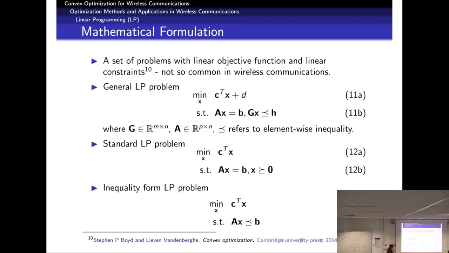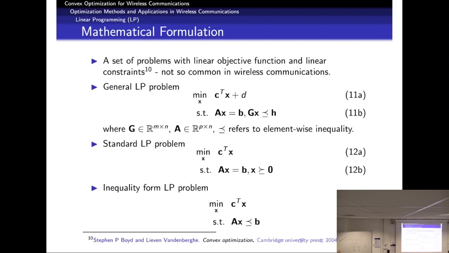And this symbol here, these curly curves, do not get confused with the positive semi-definite. What that means is essentially Gx smaller than what I write as h here. I have multiple entries here. This is a vector. This is a matrix, right?